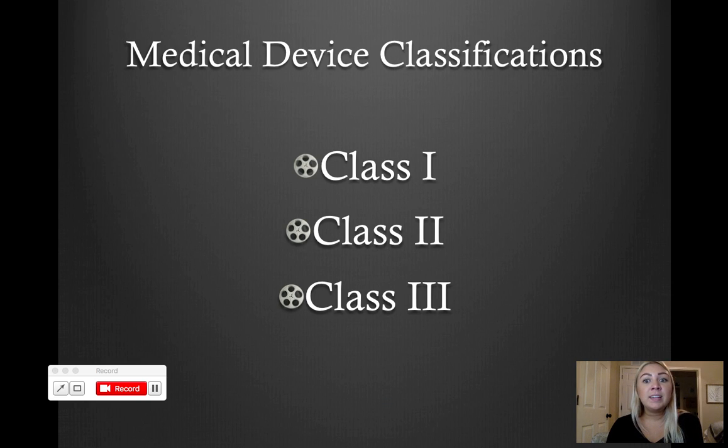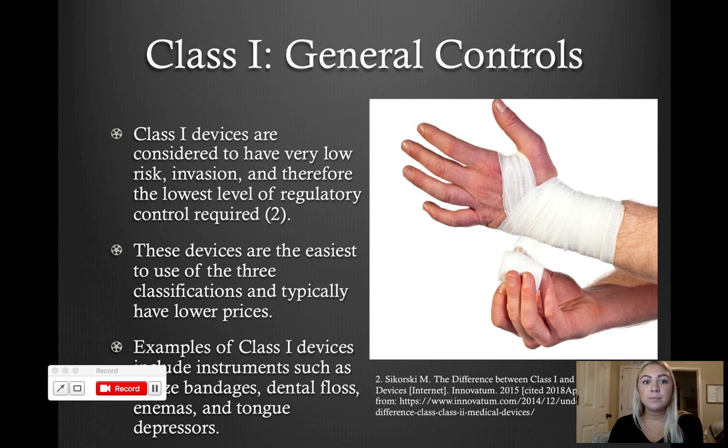So, there are three classifications for medical devices. There is Class 1, Class 2, and Class 3, and I'm going to talk a little bit about each one. To start off, Class 1, this is general controls. These devices have very low risk, low invasion, and therefore they have the lowest level of regulatory control required, meaning that they don't have to be as controlled by the FDA.